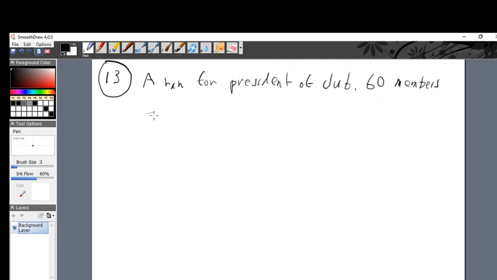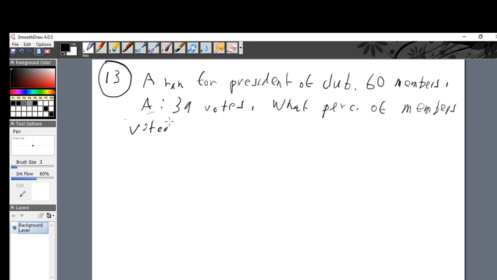A received, here's another piece of information, A got 39 votes. Here's the question, that's all the information. What percent of members voted for A?